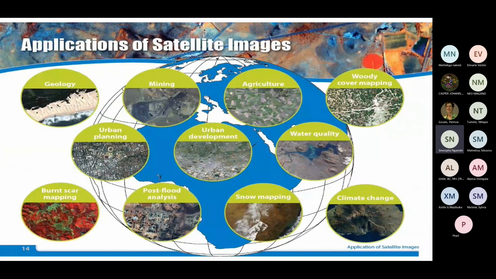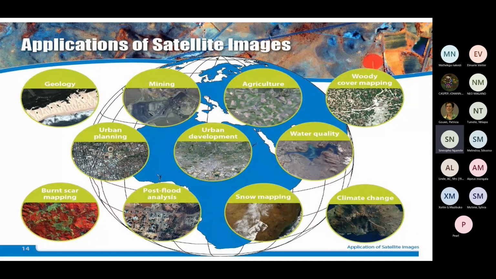So the applications of remote sensing or satellite images have to do with geology, mining, agriculture, urban planning, urban development, water quality, fire mapping or burn scar mapping, flood analysis, snow mapping, climate change.